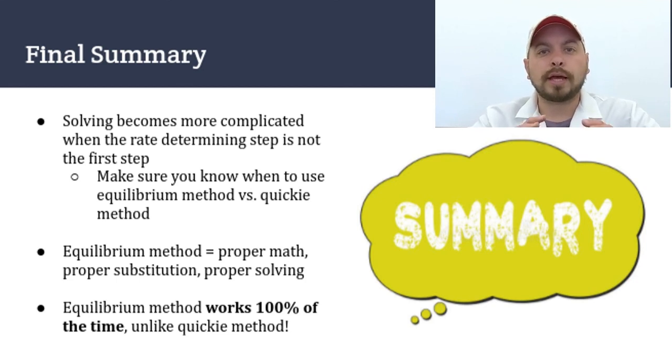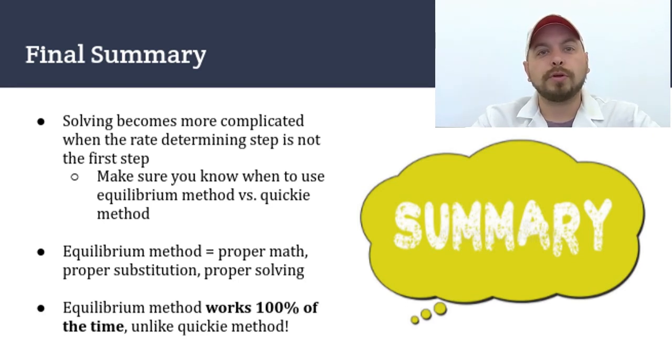So when we're looking at determining the validity of mechanisms, figuring out whether the reaction's first step or a subsequent step is the rate determining step makes all the difference. If the first step is the rate determining step, easy. If the rate determining step is second or later, it gets more complicated.